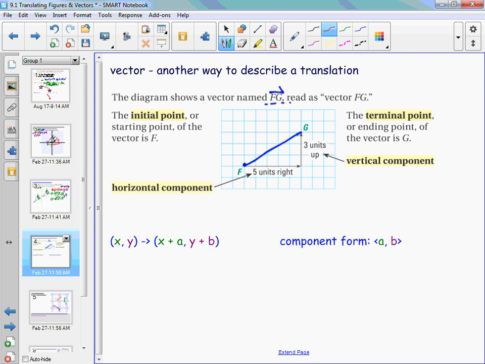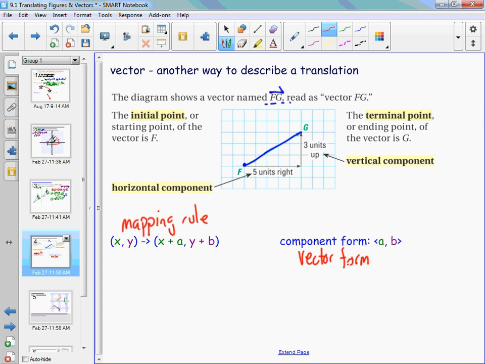And we recall our mapping rule told us (x, y) mapped onto (x plus a, y plus b). When using component form, otherwise called vector form, we just have the change.